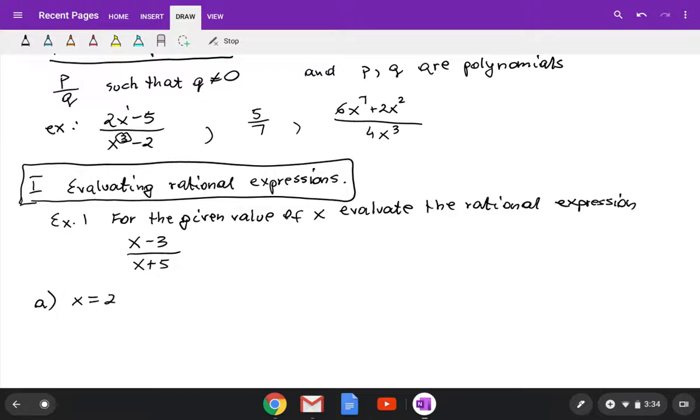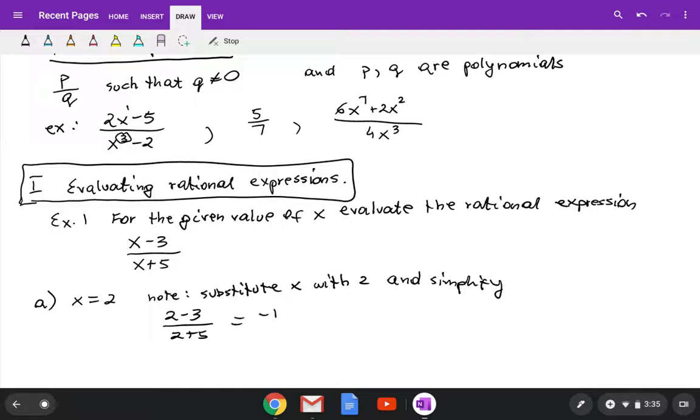So what we're going to do, we're just going to plug it in. We're going to substitute x with 2 and simplify. So we have 2 minus 3 over 2 plus 5.